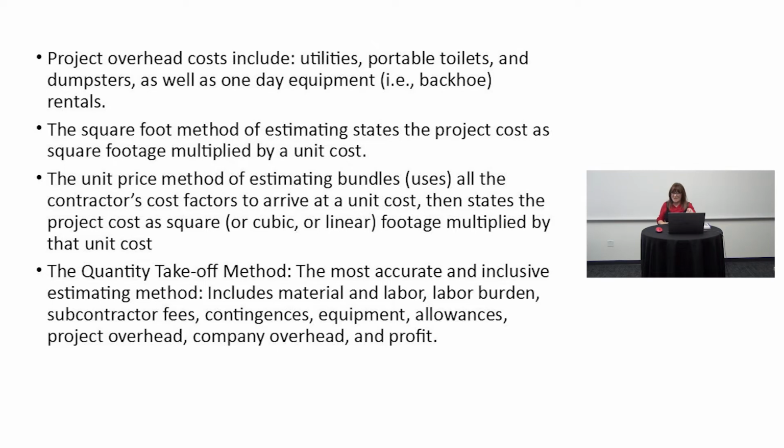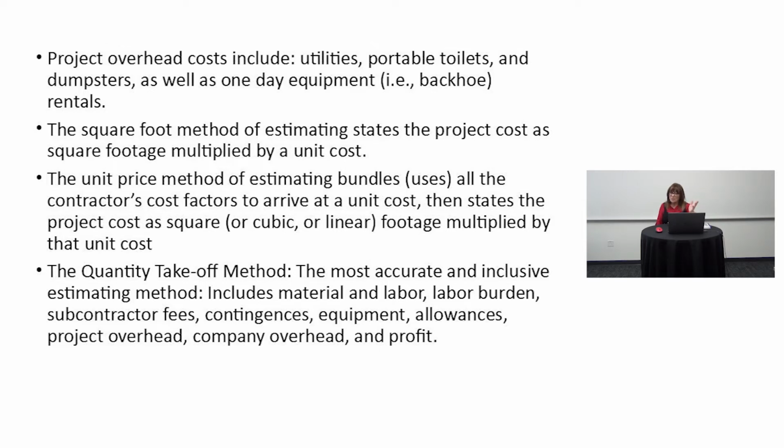The unit price method of estimating uses all the contractor's cost factors to arrive at a unit cost, then states the project cost as the square or cubic or linear footage multiplied by that specific predetermined unit cost that was found by looking specifically at your own overhead costs.